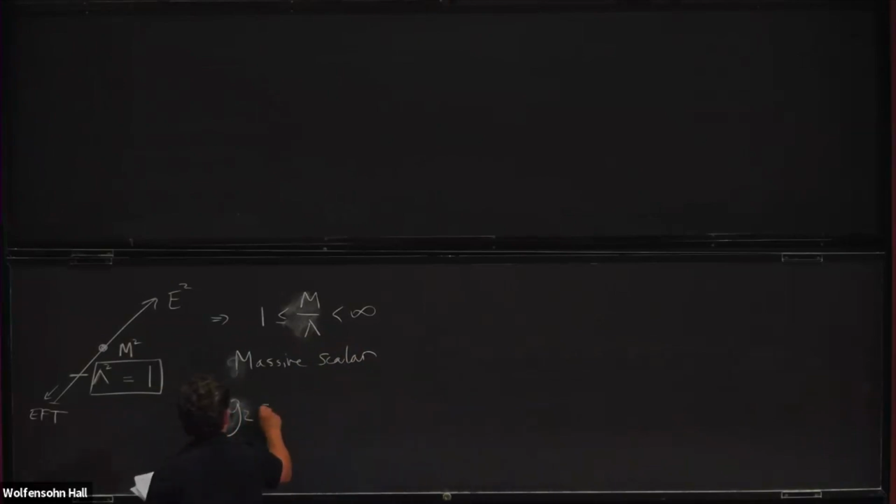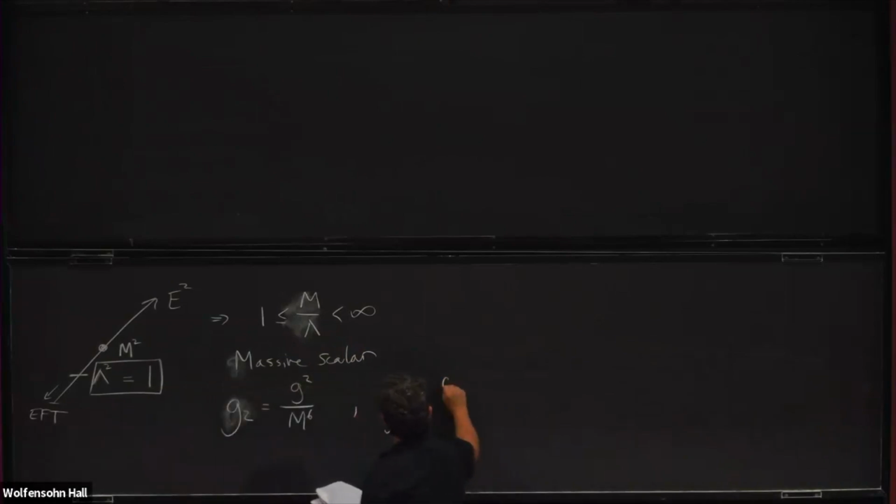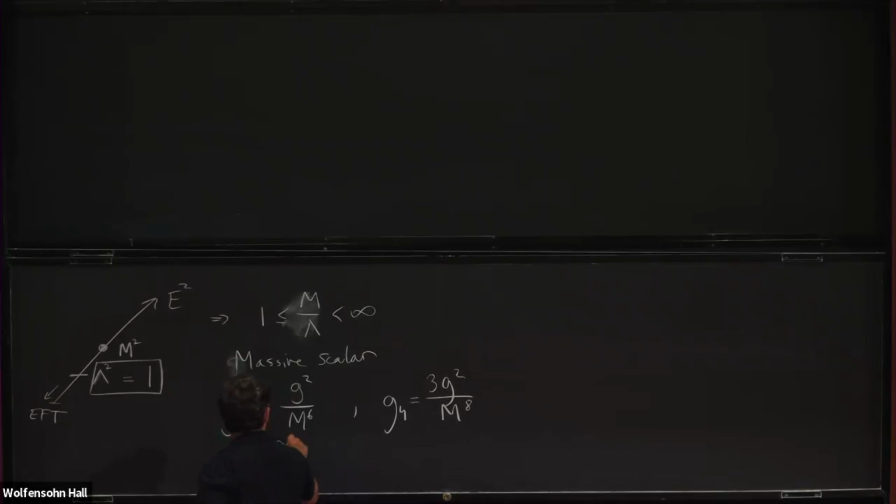G2 is G squared divided by m to the 6. G4 is G squared times 3 divided by m to the 8. And G6, I'll write here, is going to be G squared over 2m to the 10. And of course, you can then go on for the rest of the expansion and figure out what everybody is.